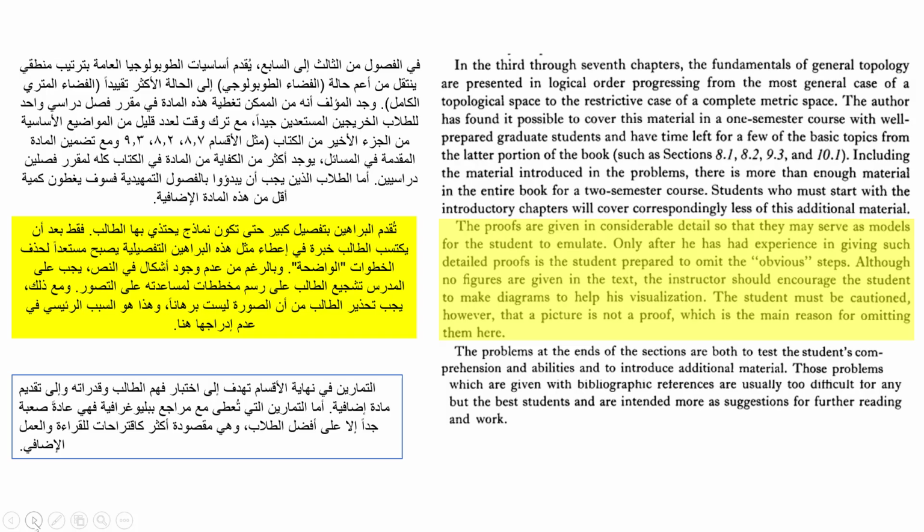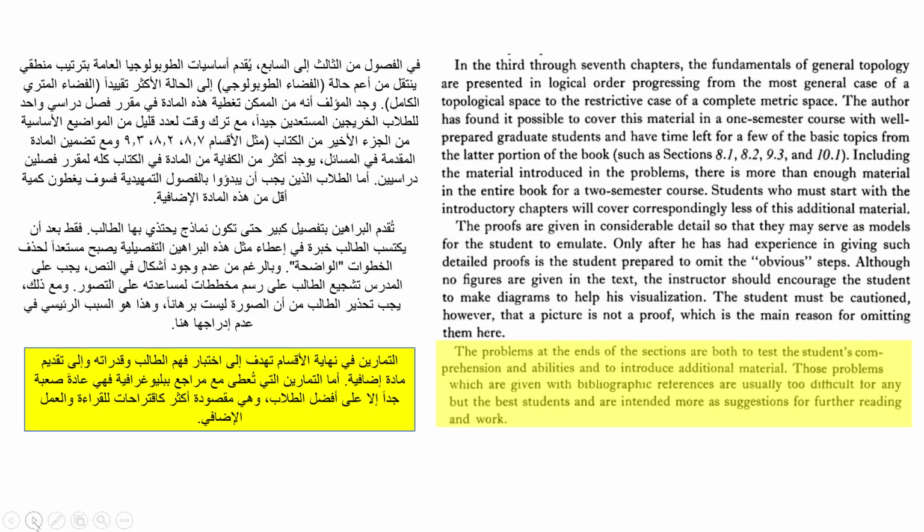The student must be cautioned, however, that a picture is not a proof, which is the main reason for omitting them here. The problems at the ends of the sections are both to test the student's comprehension and abilities and to introduce additional material.